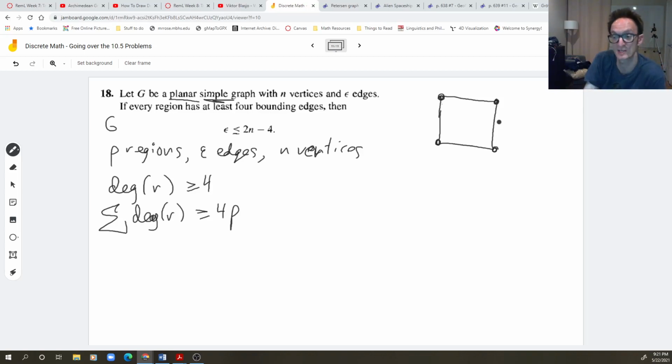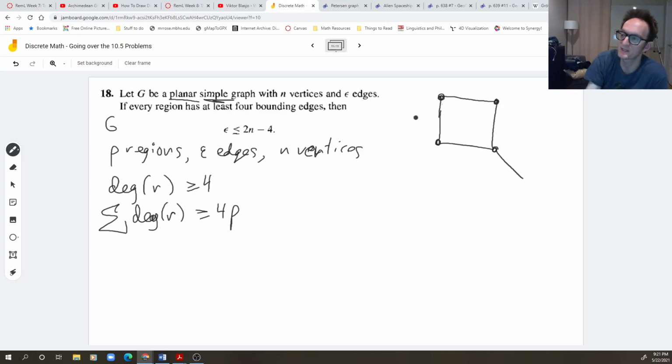If every region has degree at least 4, then the sum of the degrees of all the regions has to be greater than or equal to 4 rho. But also, when you sum the degrees of all the regions, you're actually counting, for every region, all of the edges which bound that region. You do that for every region, and every edge is part of 2 regions.